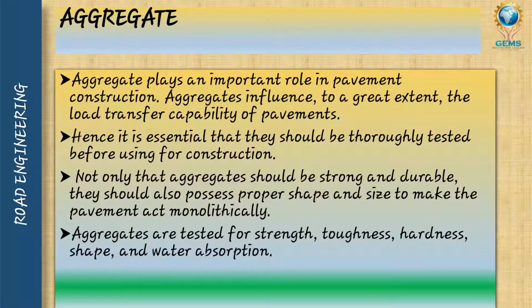In these points, it is given that aggregate plays an important role in construction of road pavement, because aggregate have great influence on the load carrying and load transferring capacity of the pavement, as well as it is very essential that they should be tested before using for construction, for determining the impact and the crushing value of the aggregate.